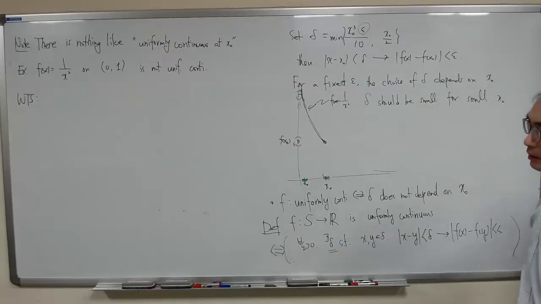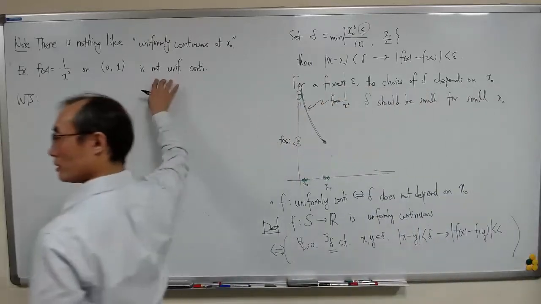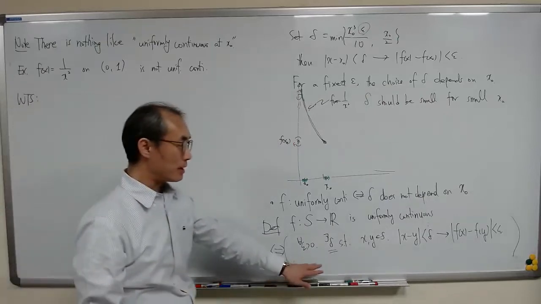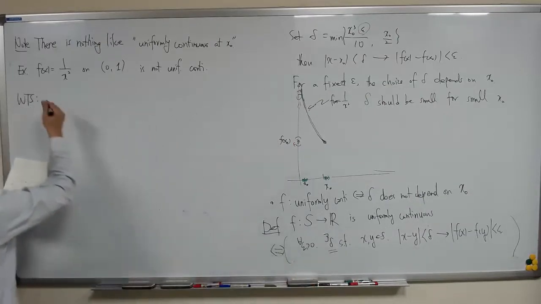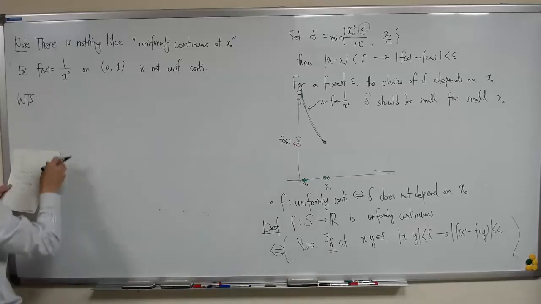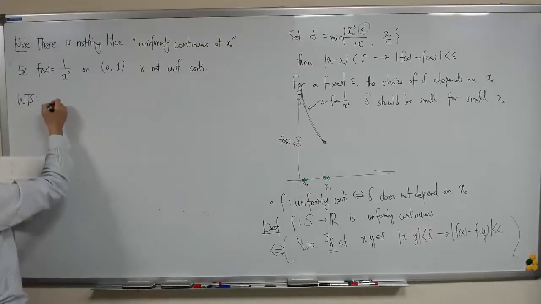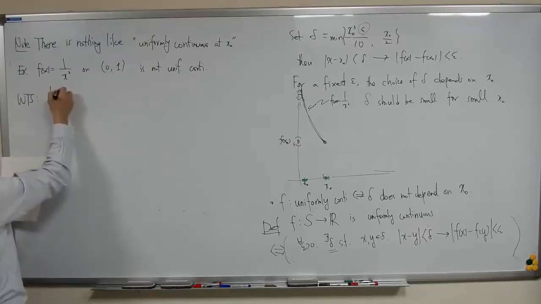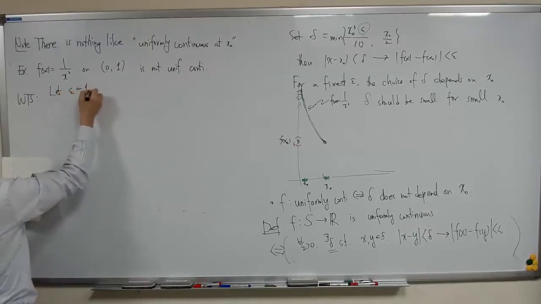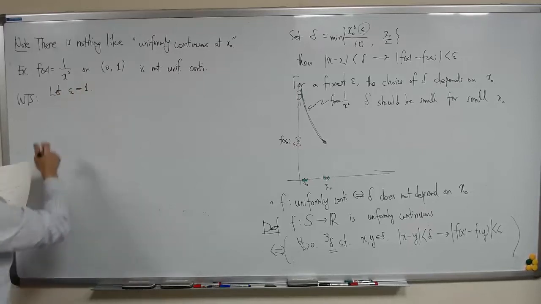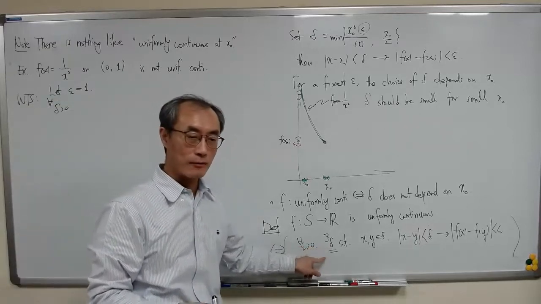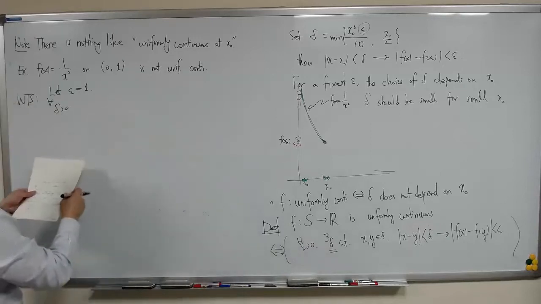Uniform continuity has been defined this way. To show the negation of that kind of proposition, what's the negation of this proposition? There exists some epsilon. Here we choose epsilon as number 1. For this specific epsilon, for all delta, the existence will be converted into for all delta.